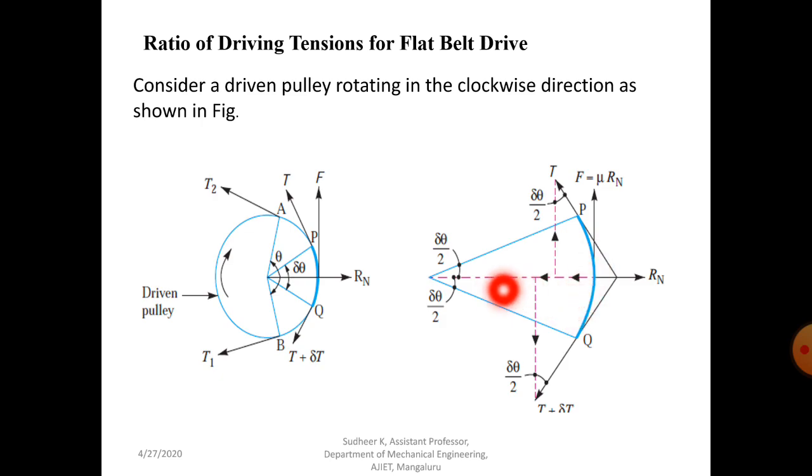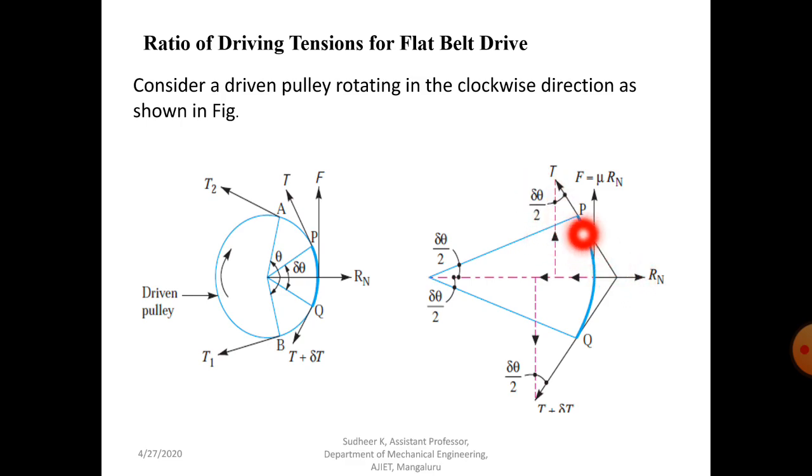This is the force diagram. If I consider Rn, Rn is the horizontal force, and Rn will act in rightward direction. Now you know this small angle is d theta by 2.